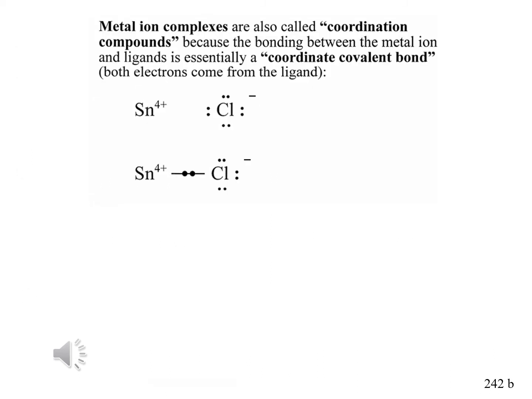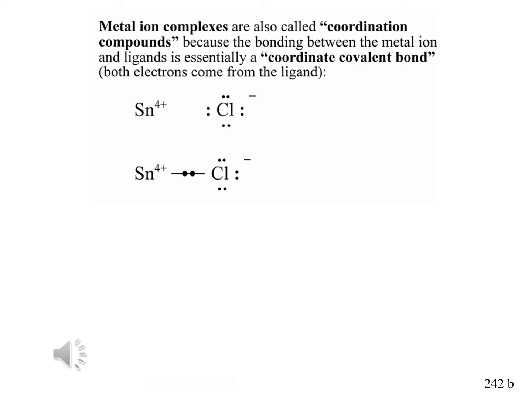Now, what kind of bonding is there between the metal and the ligands? As I showed up above, the chloride has 4 unshared pairs, and one of them can form a bond with the metal. It's essentially a covalent bond, although it has some of what they call ionic character, but you can think of it as covalent.